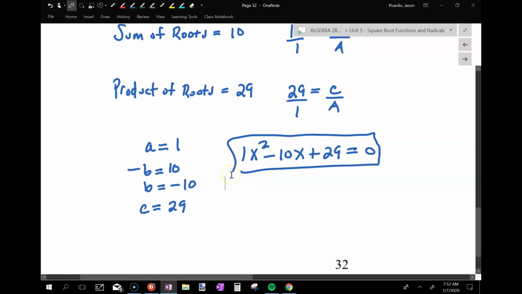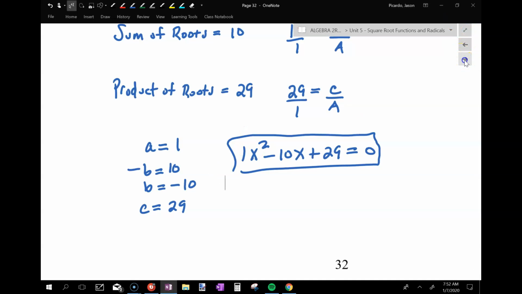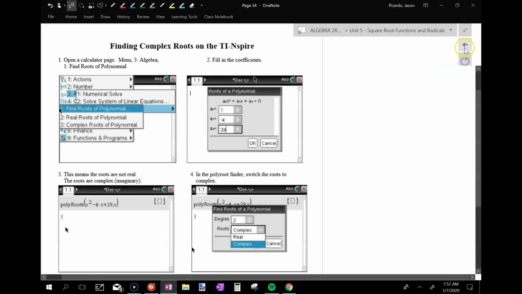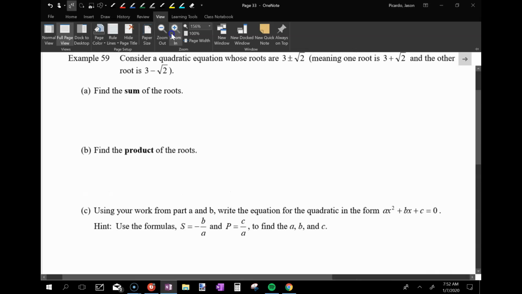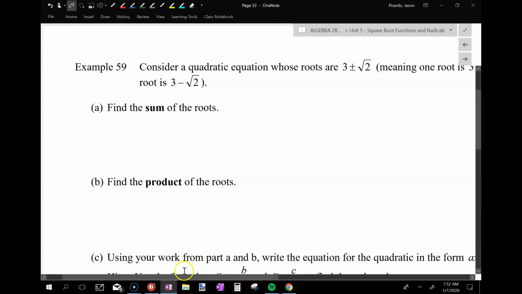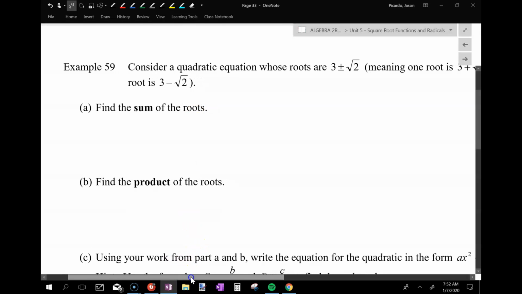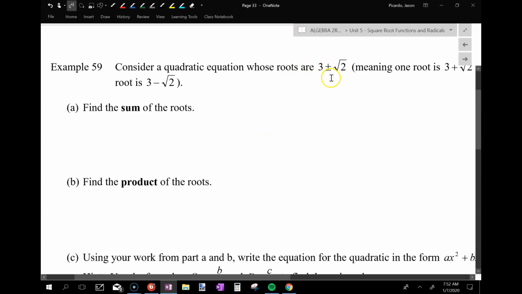Cool? All right. So we use those tools, and that's sort of the theme of the day, right? We're using these tools to accomplish some different tasks, right? All right, this will be the last thing we do. All right, same exact problem, except now the roots are 3 plus or minus radical 2.